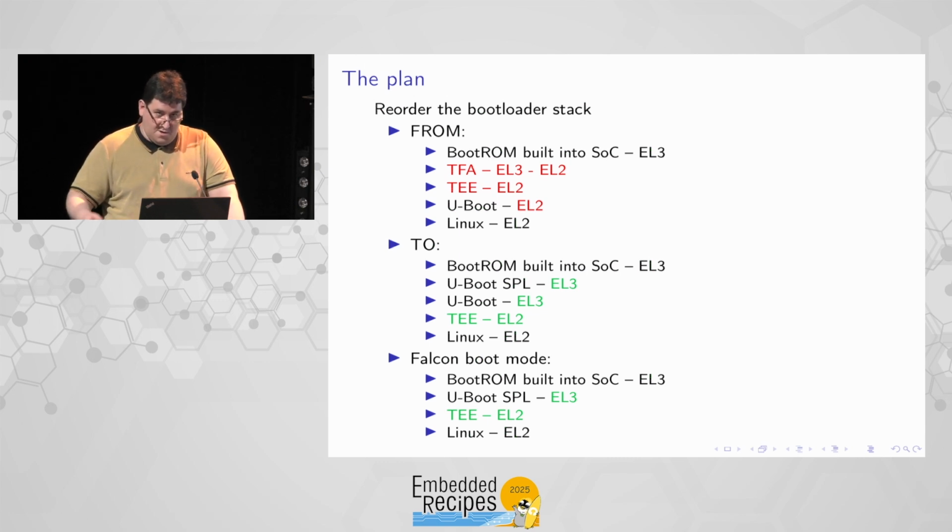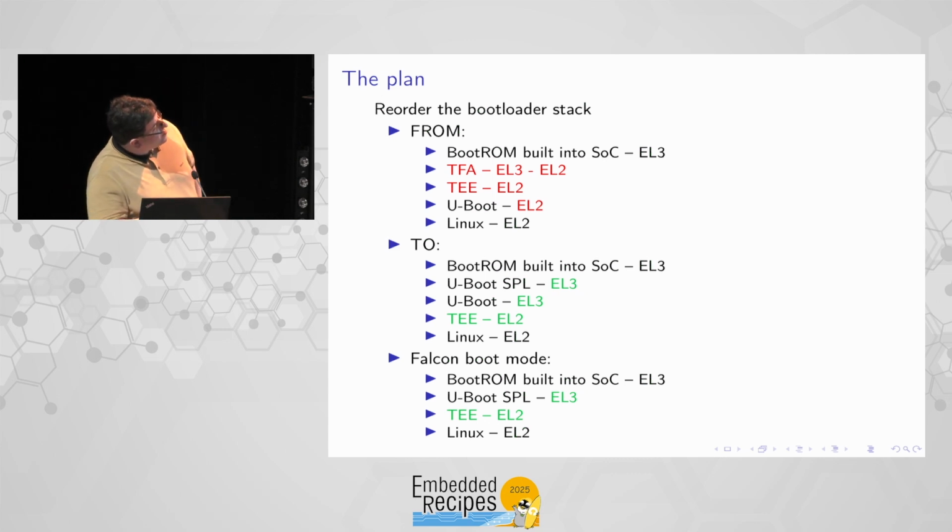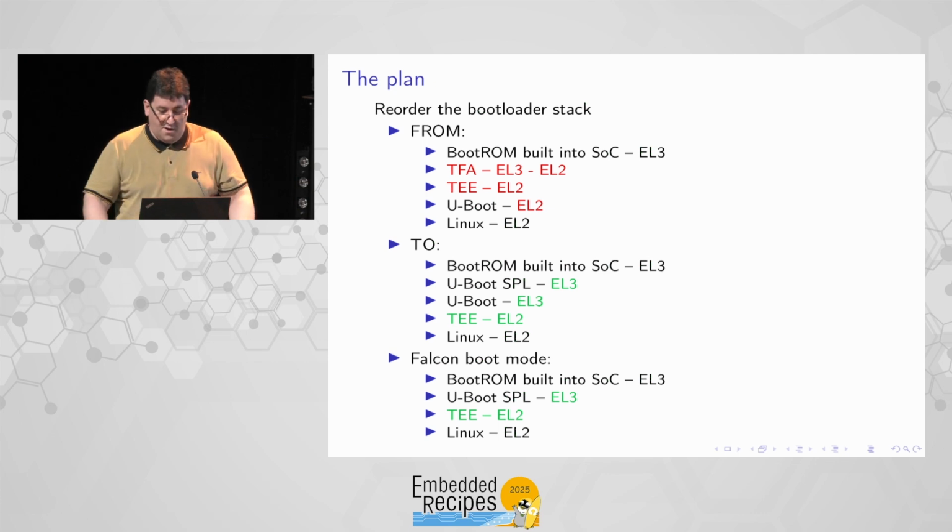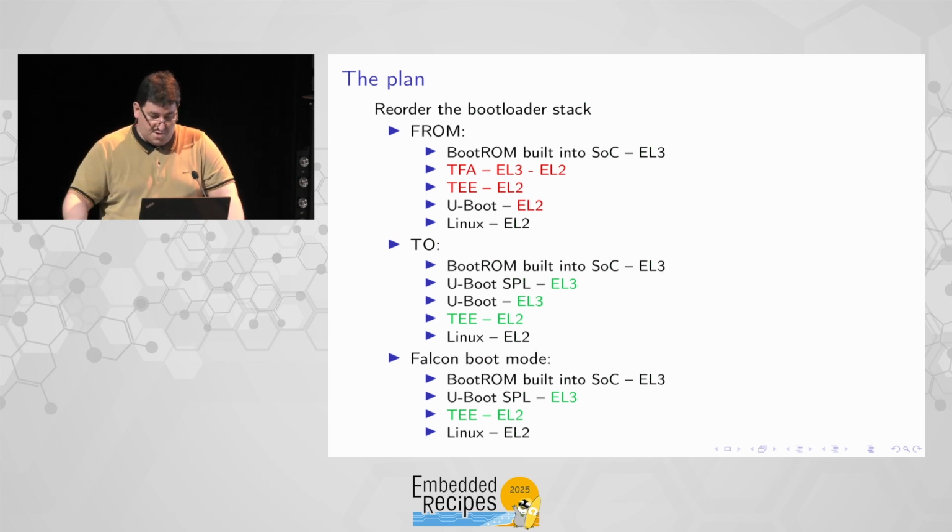And I realized, okay, instead of doing this, let's bundle together the Linux kernel and whatever blobs provide this ABI, and it will look something like this. So currently the bootloader stack looks like this. The boot ROM is at the very beginning, then there is TFA, which does hardware initialization, that's essentially a BL2.